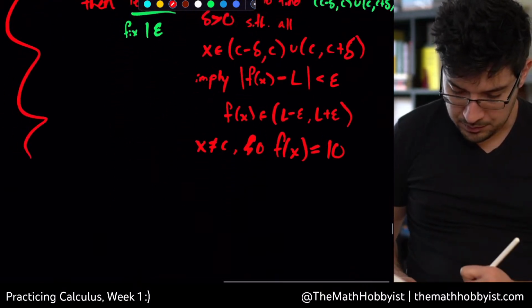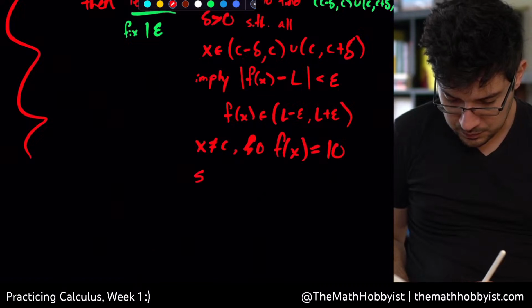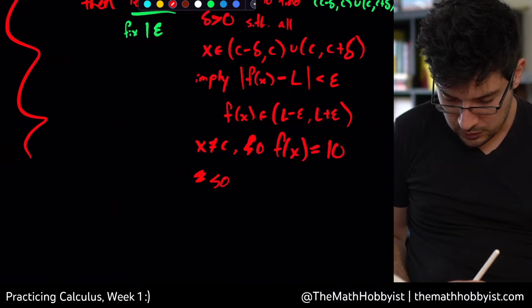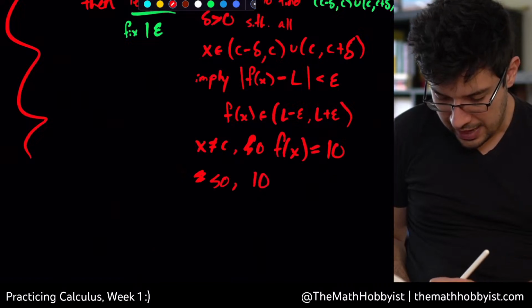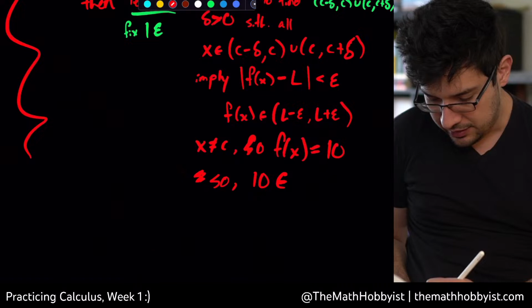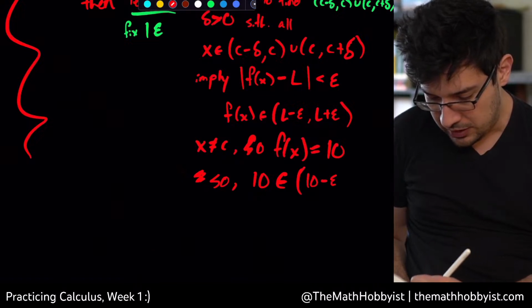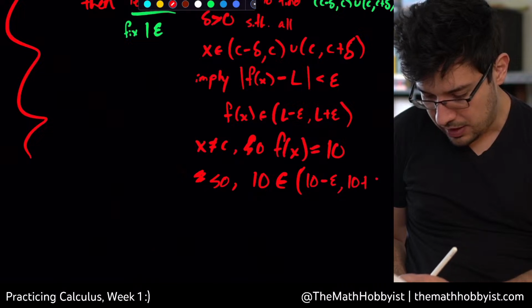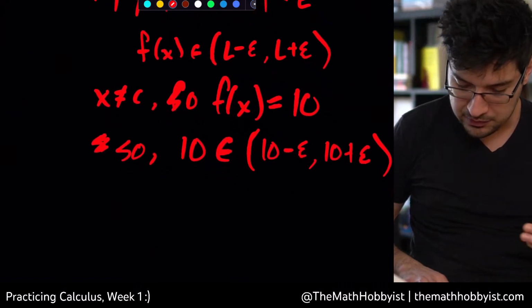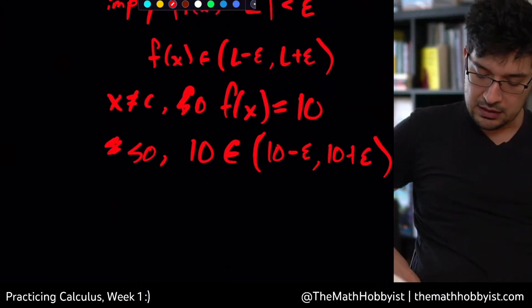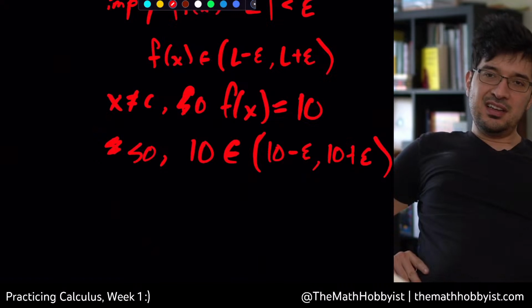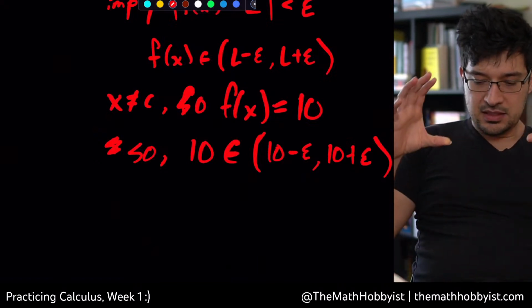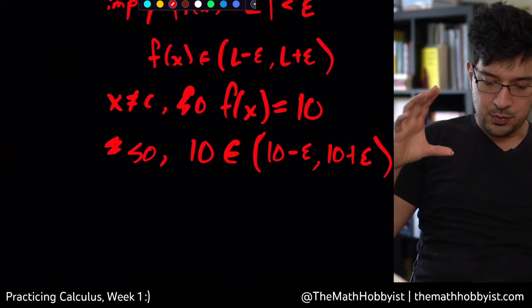And it is true that 10 is between 10 minus epsilon and 10 plus epsilon, right? For any positive number epsilon, 10 is in that range.